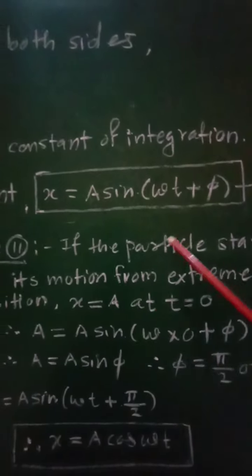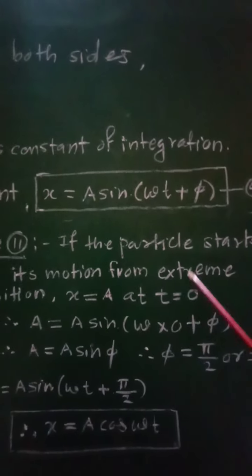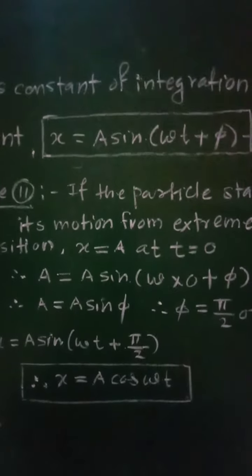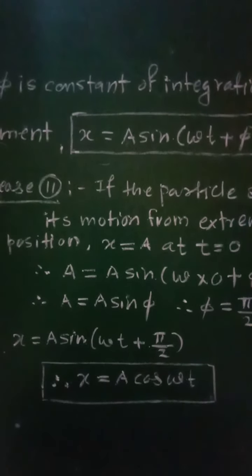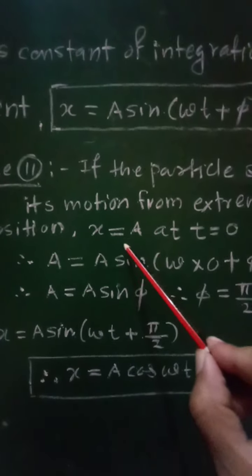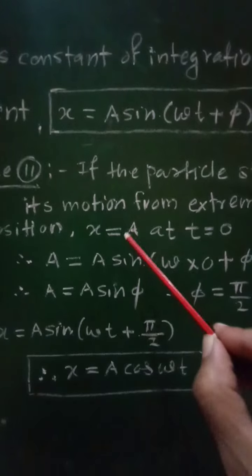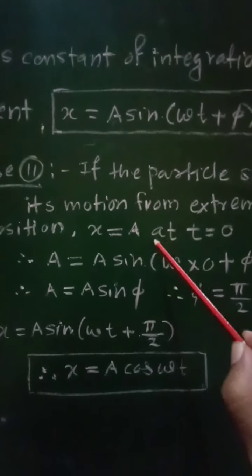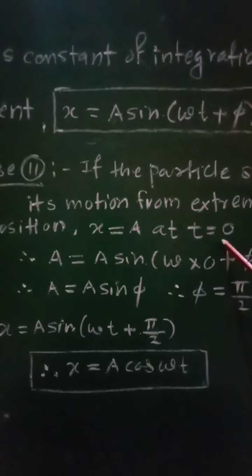Now let us consider the second case, that is if the particle starts its motion from the extreme position, that is from point P or Q. Then at that time x will be equal to a, that is the amplitude of SHM, at t equal to 0.